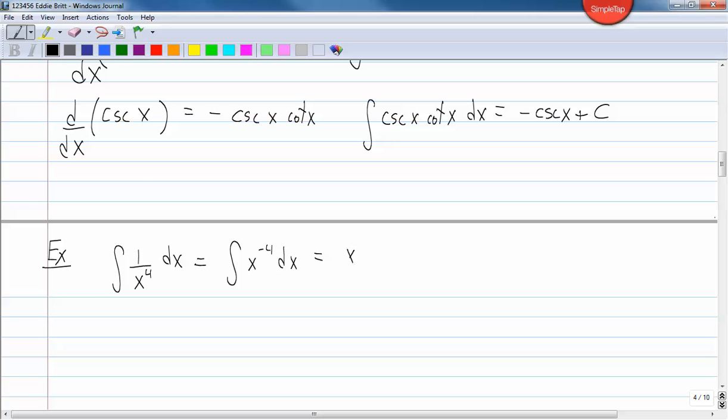So it's going to be x to the -3 divided by -3 plus c, or -1/3 times x cubed plus c. Never leave exponents negative. Always make them positive.